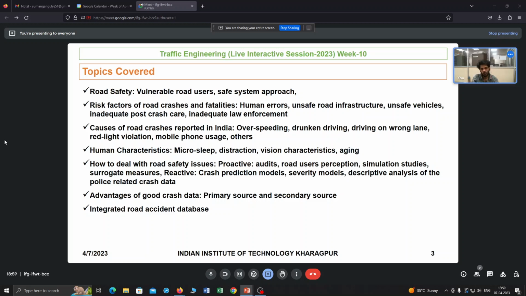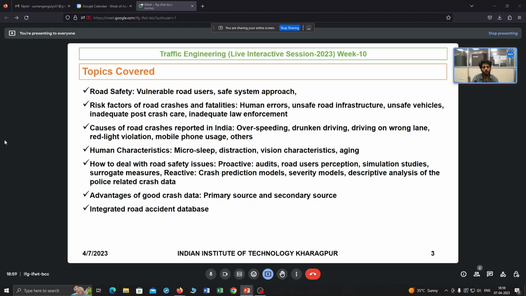So we already covered that road accidents occur and these are the possible reasons. Now we have to come up with some solutions so that we can overcome it. There are two types of approaches for solving any problem: first is the proactive approach and second is the reactive approach.